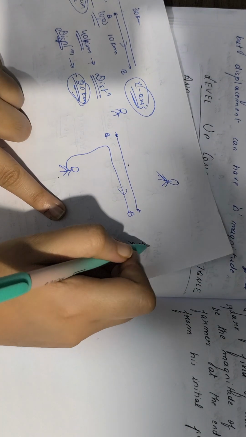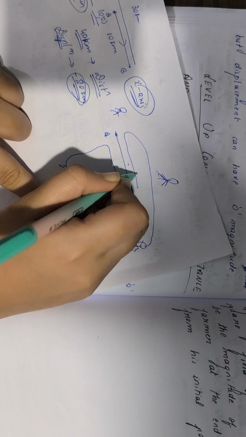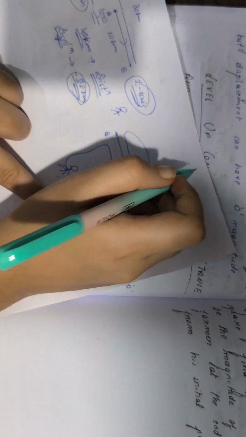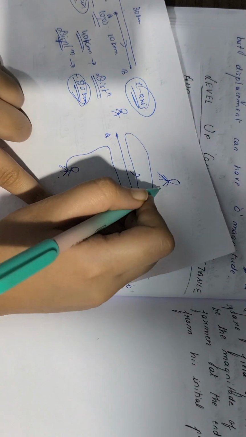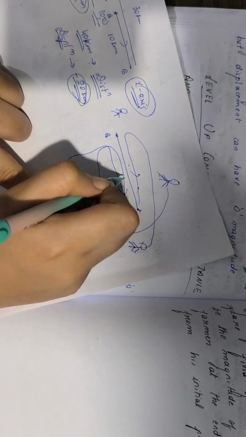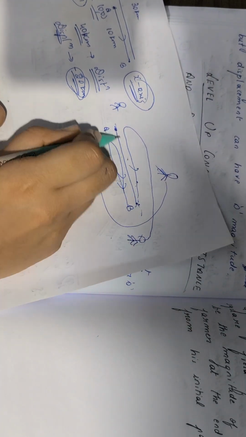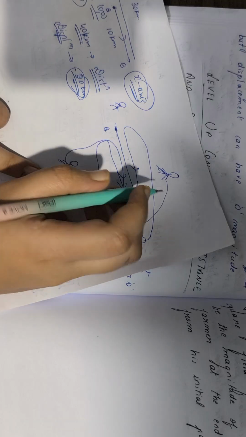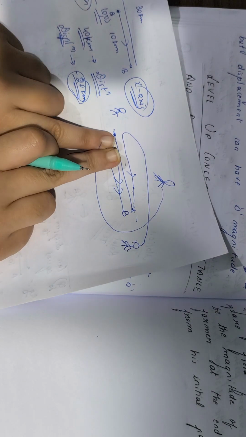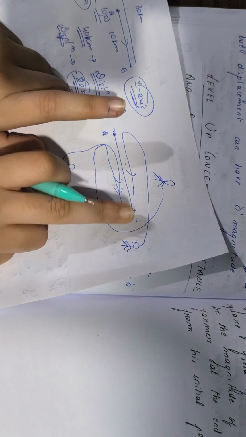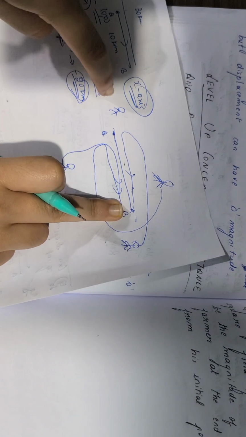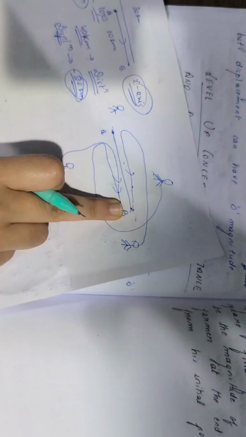With respect to this other person, this will be the length of the path. But the shortest path between the initial and final point is always fixed. But relative to this person, the path is different.